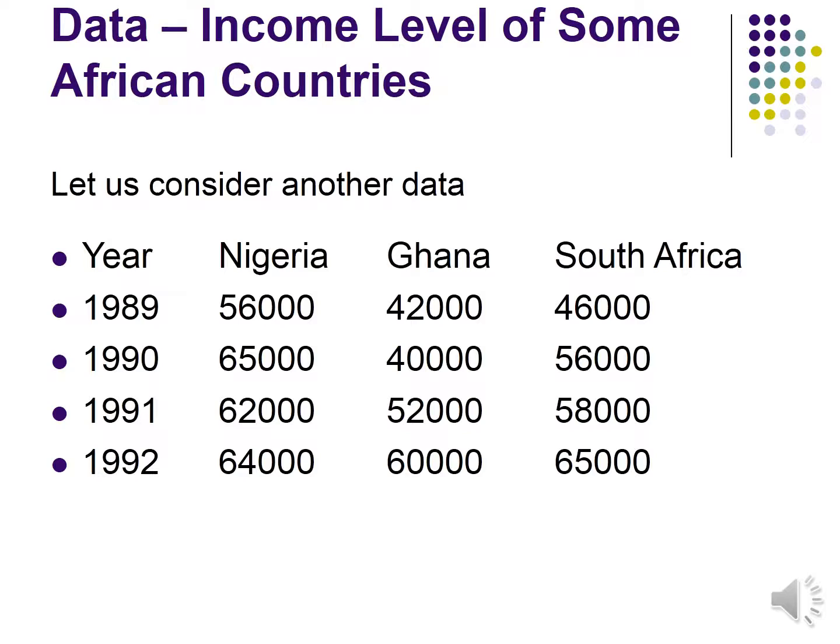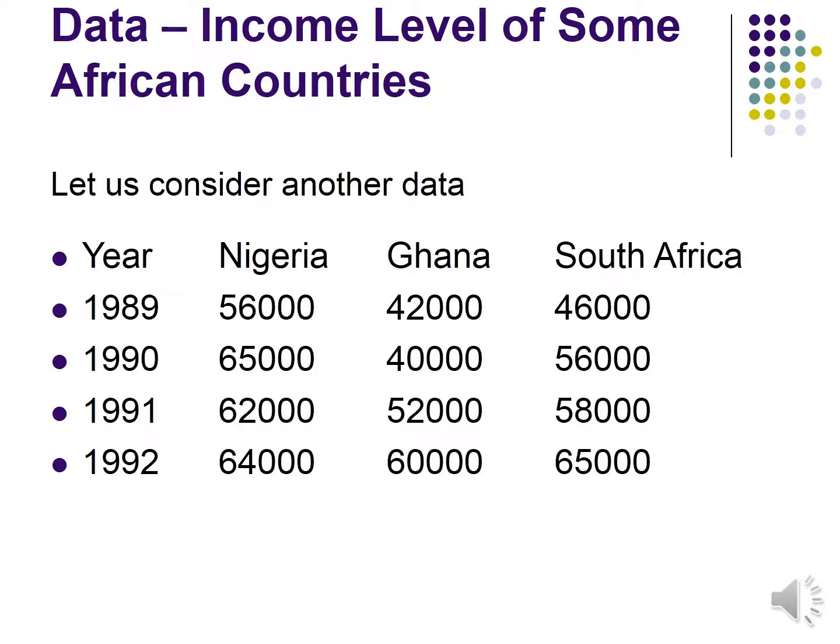I will also try to present another data on three giant African countries, namely Nigeria, Ghana, and South Africa. We look at the income level of these countries over a period of 4 years: 1989, 1990, 1991, 1992. These figures are presented in billions, I think.